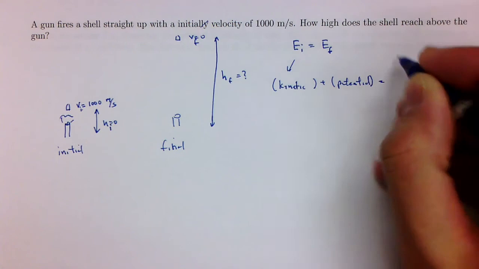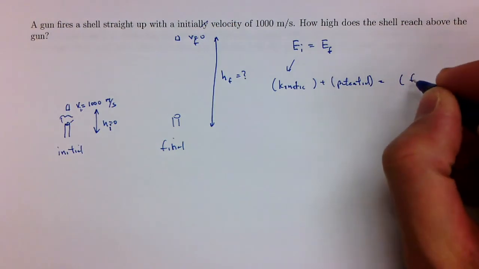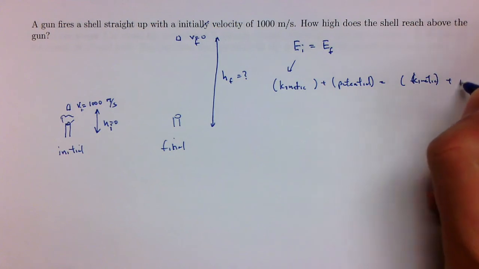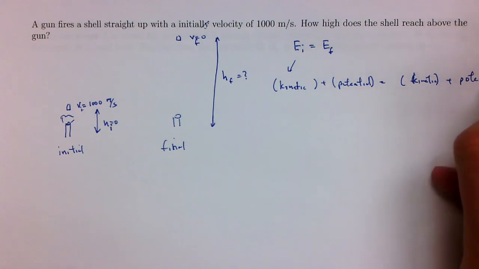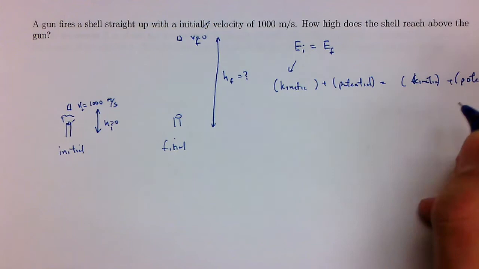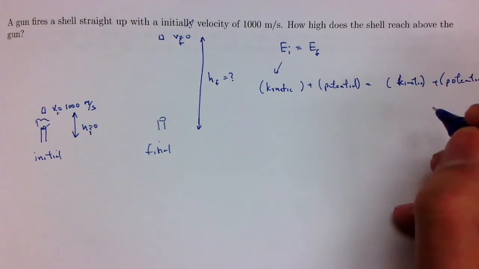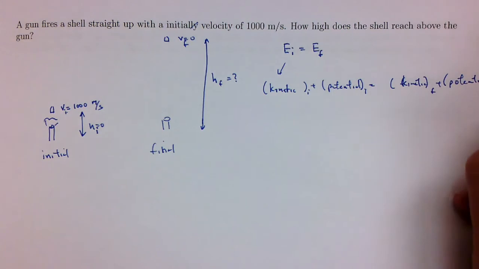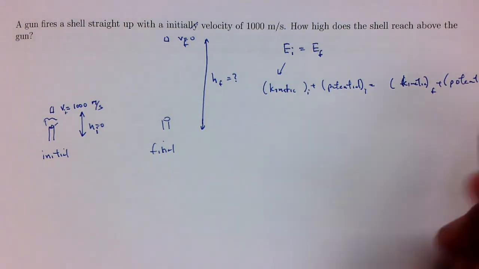So it's equal to the kinetic plus the potential again, for the initial state and the final state. There's an F here for those who can't read it.